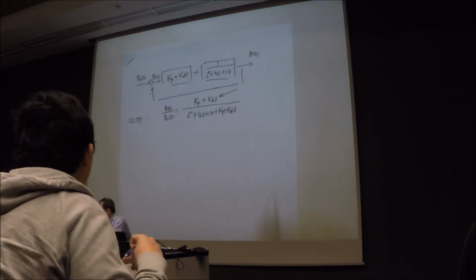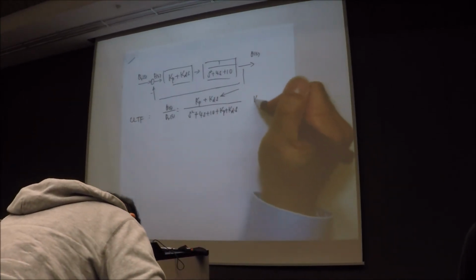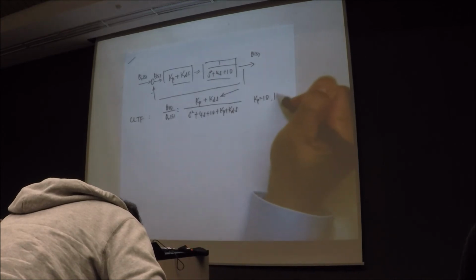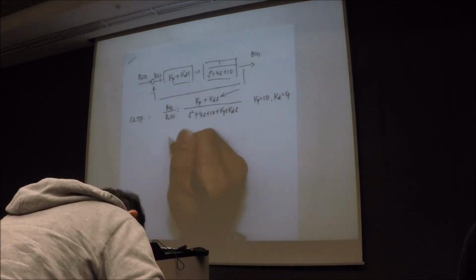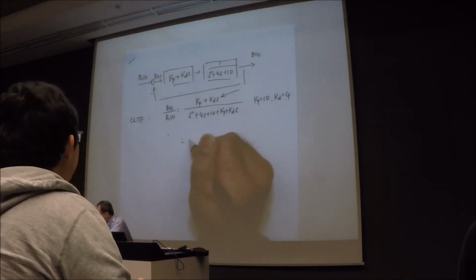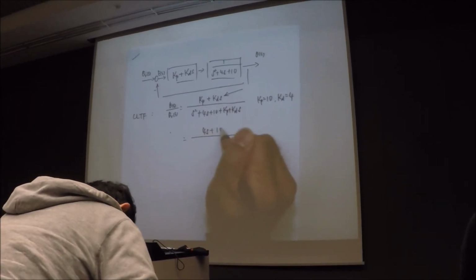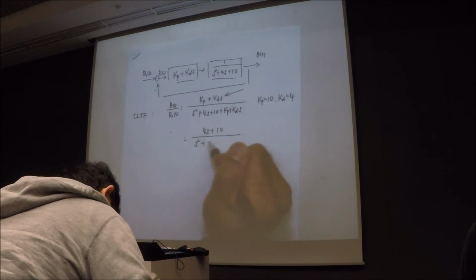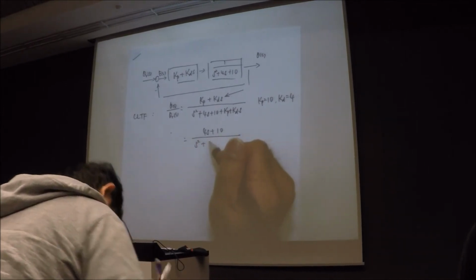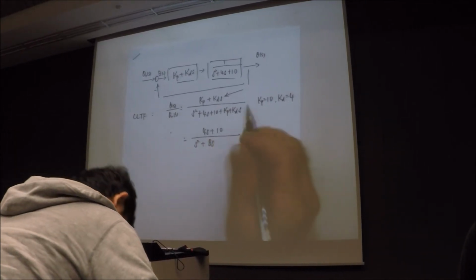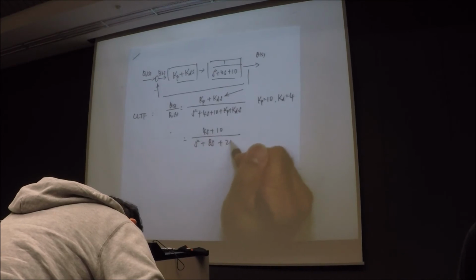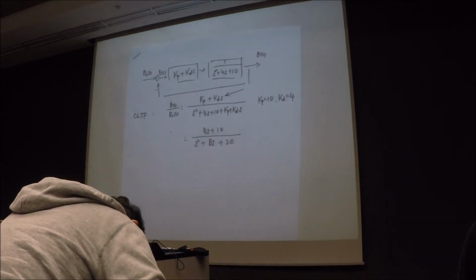With the parameters given, Kp equal to 10, KD equal to 4, I can rewrite this: the denominator is s squared plus 8s plus 20.